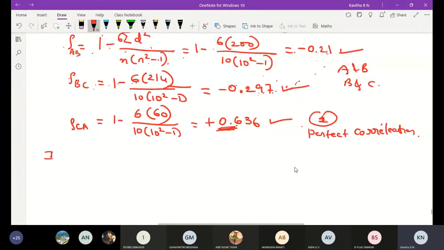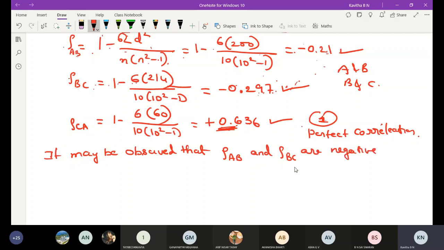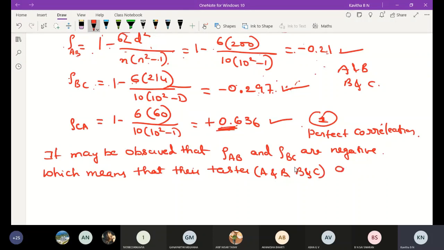It may be observed that rank of AB and rank of BC are negative, which means that their tastes A and B and B and C are opposite.